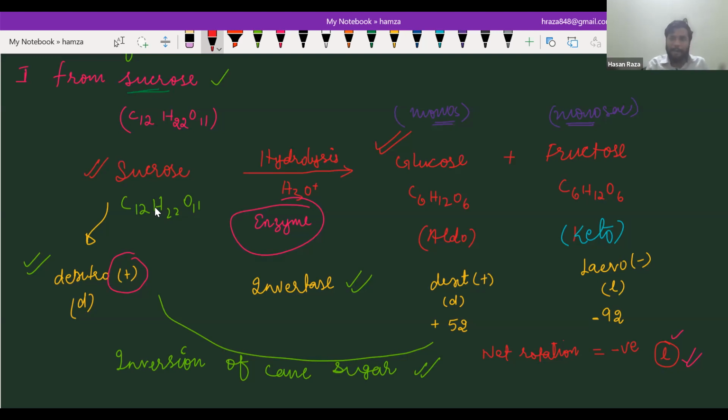So inversion of cane sugar means that cane sugar initially was clockwise, and finally after production it is anti-clockwise. You can write inversion of cane sugar, or inversion of sucrose also. Everyone done with this? Yes, sir. Thank you.